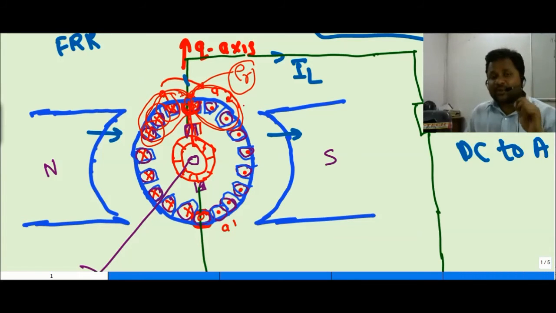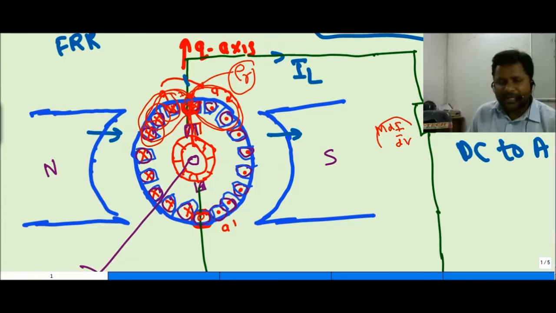This is another possibility for the generation of reactance voltage, M di/dt. We have to take care that there should be no mutual flux, but the magnitude of this mutual flux is very low compared to the reactance voltage due to the current change, so it can be eliminated or taken as 0, since it should be DC.